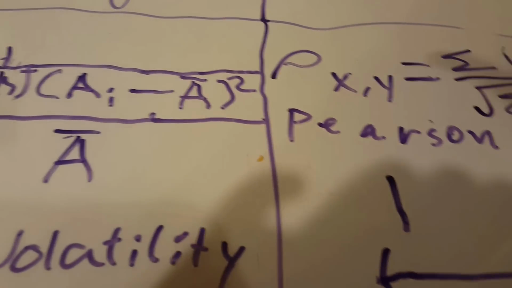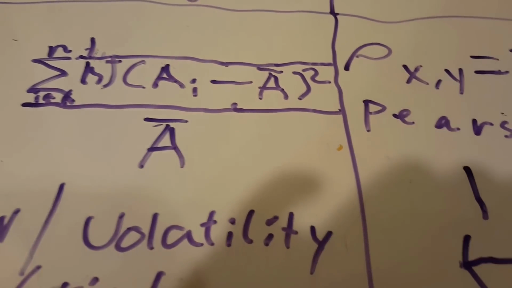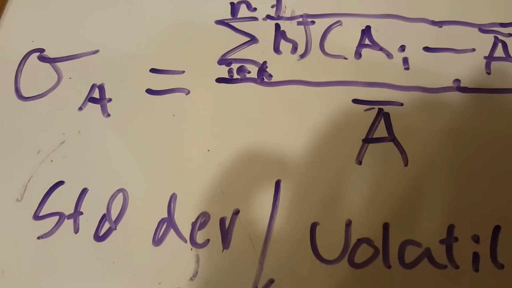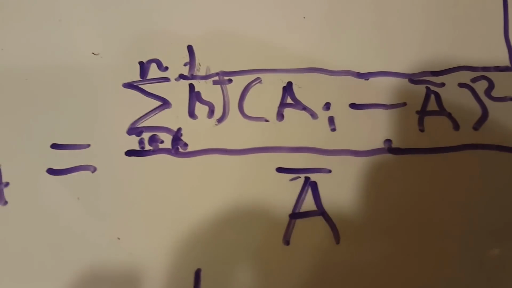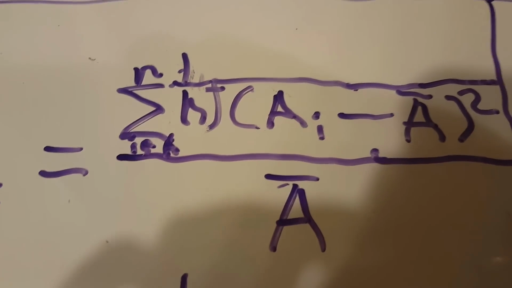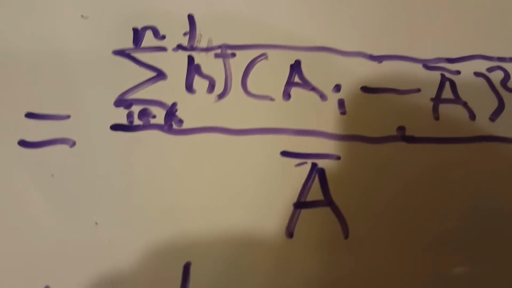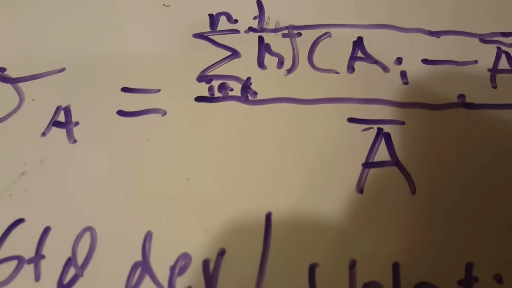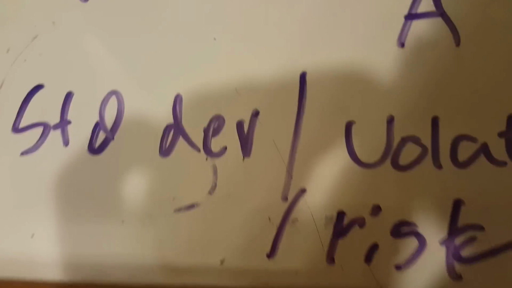So let me start with some terminology. Standard deviation is risk or volatility. We're going to want standard deviation as a percentage, so divide it by the mean, and that'll tell us how volatile as a percentage of our asset's price or value or allocation.